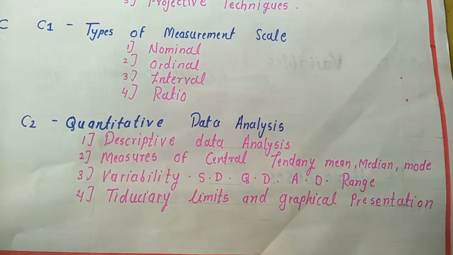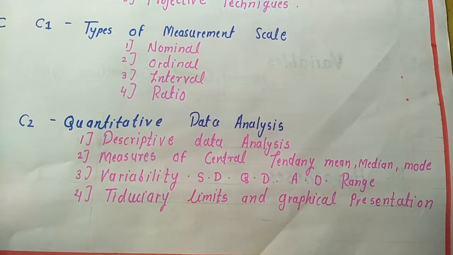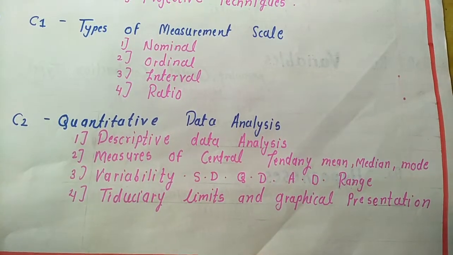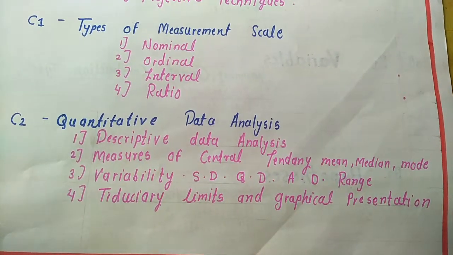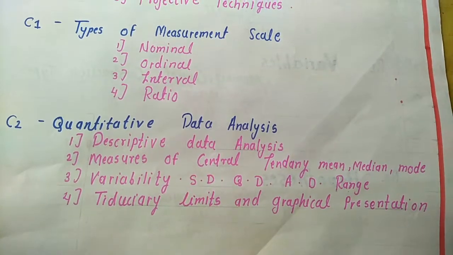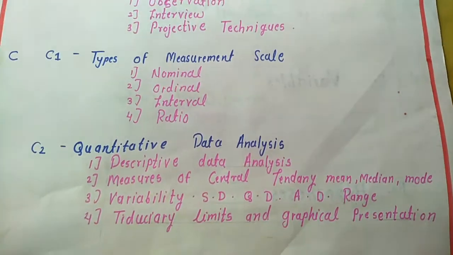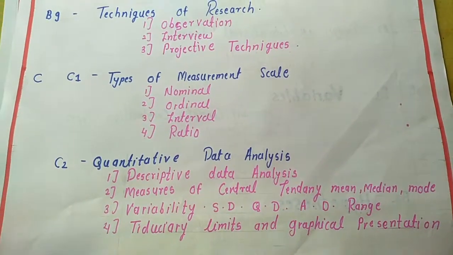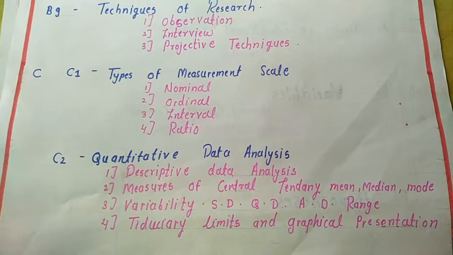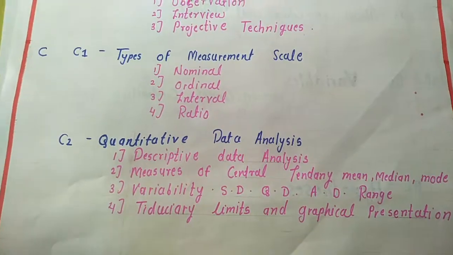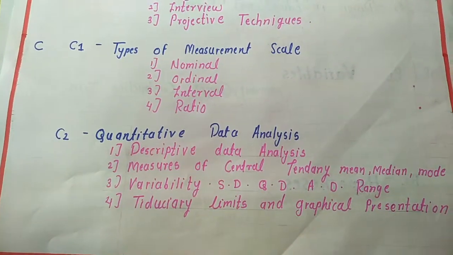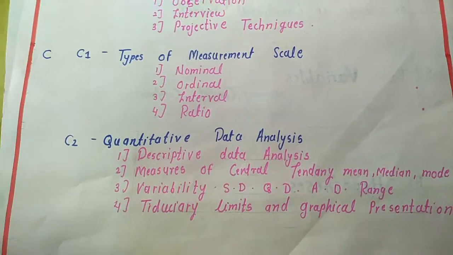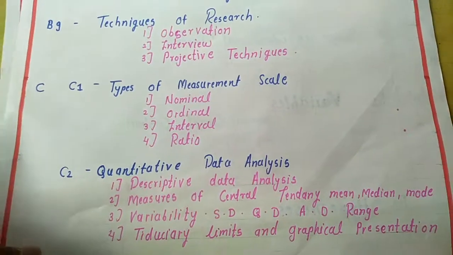Then measures of variability: standard deviation, quartile deviation, average deviation and range. Then limits and graphical presentation. Friends, we have to prepare our notes as objective type points only, that is mean, median. We have to prepare notes only for objective types, not solve such examples.